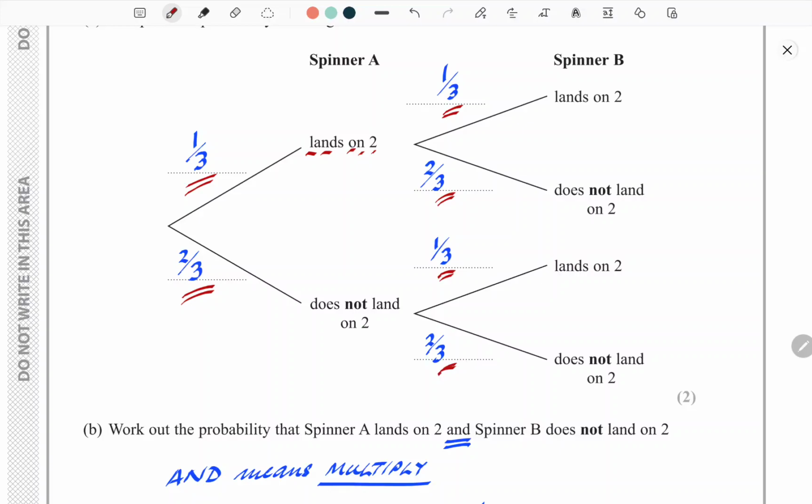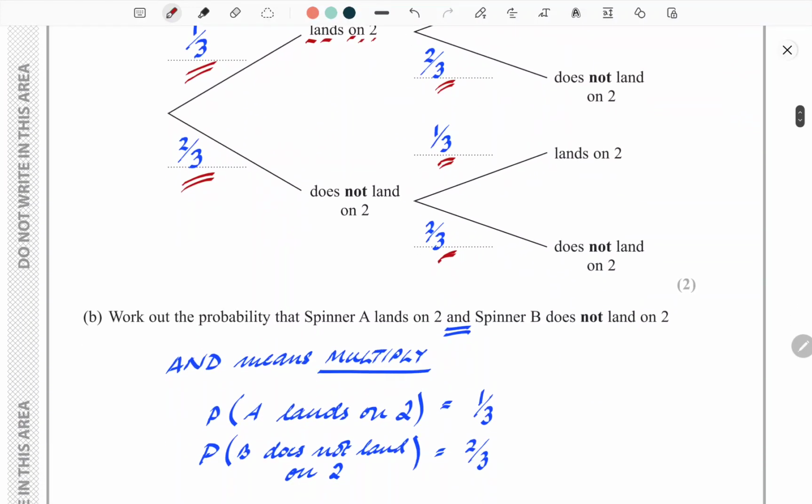Okay, so this time we want to work out the probability that spinner A lands on 2, and this is the important bit, spinner B does not land on 2, okay? Whenever you have an and in probabilities, it means you multiply, okay? You multiply the probabilities of the different events.